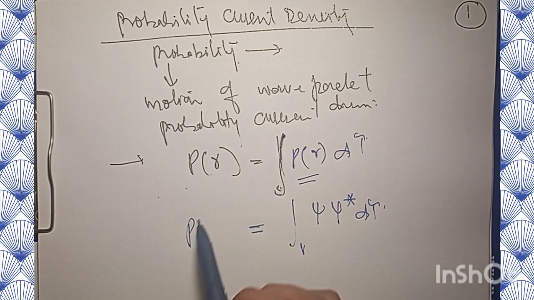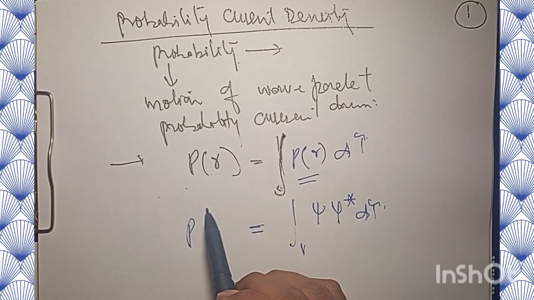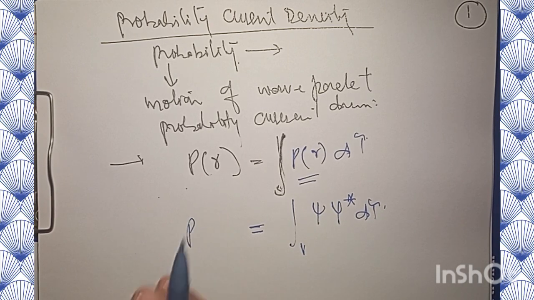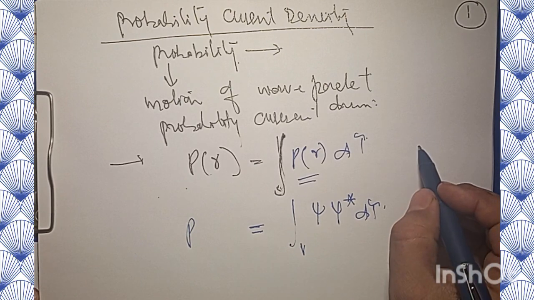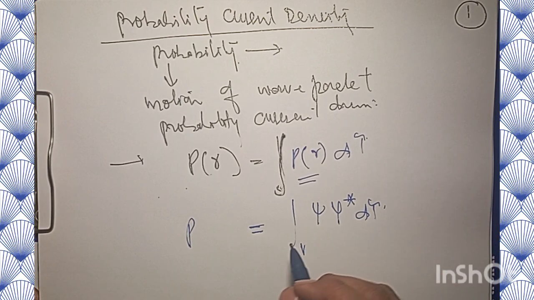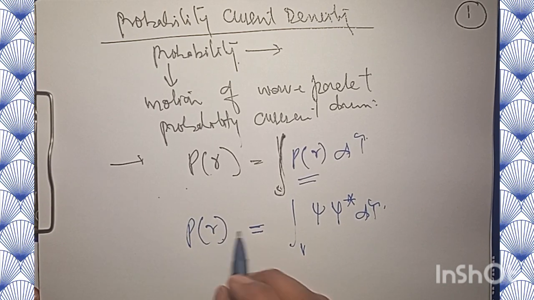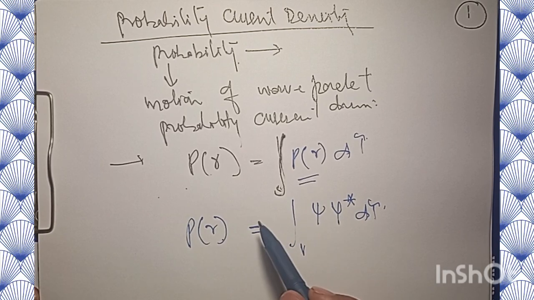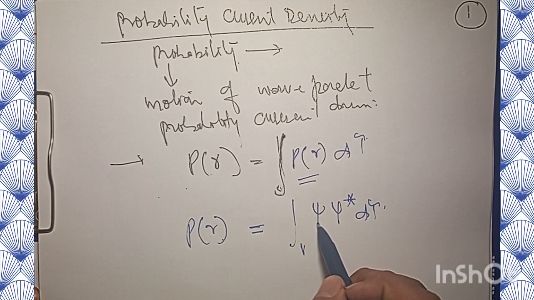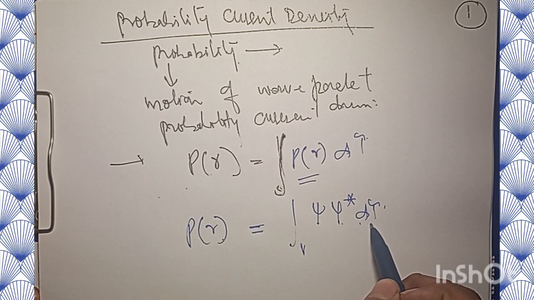What sense it makes here is that I want to ensure the probability of finding this particle in some volume, which is bound by some surface, and that probability can be written as integral of psi star psi d tau.